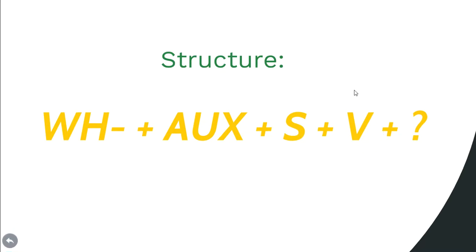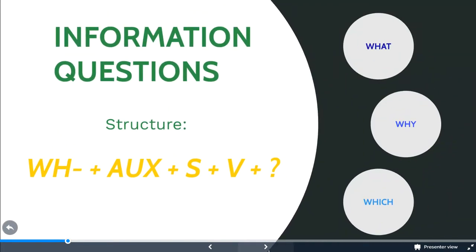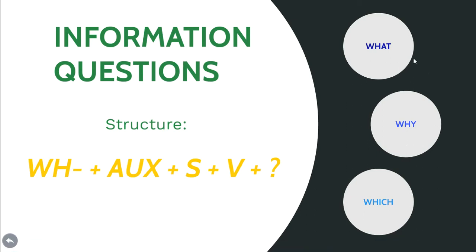But consider that we have to put the WH word at the beginning of the question. In this way, I have three different WH questions to show you today. The first one is what, the second one is why, and the third one is which.